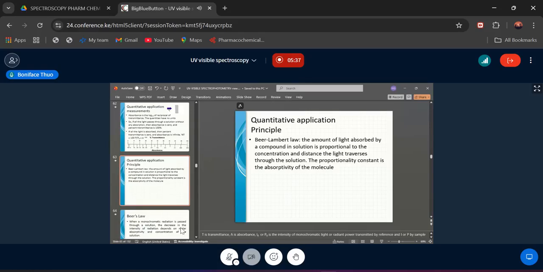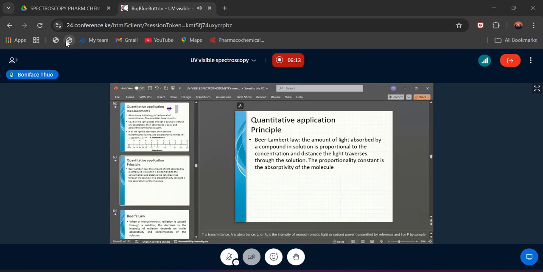Various transitions require different wavelengths. So at a particular wavelength, a molecule may absorb some light, but if you use a different wavelength, then the absorbance could increase or decrease depending on the particular transition that is taking place, because of the relationship between the energy of the radiation and the energy of transition within the molecule.